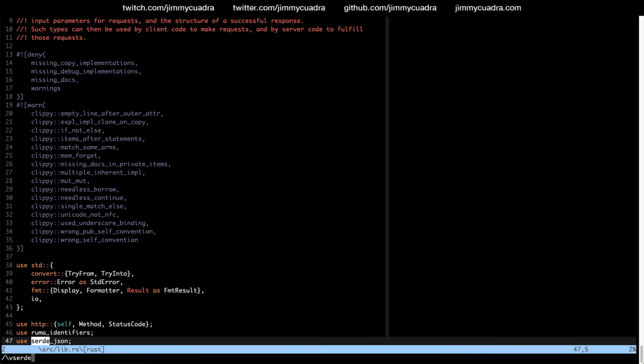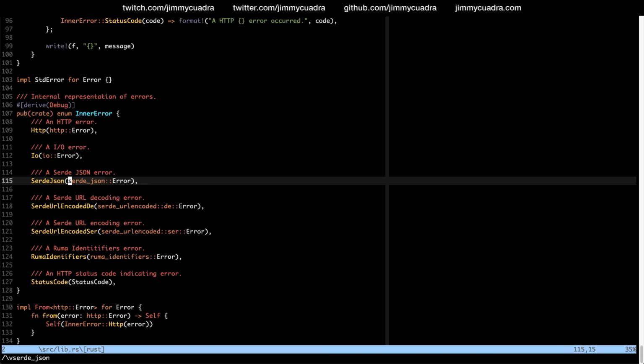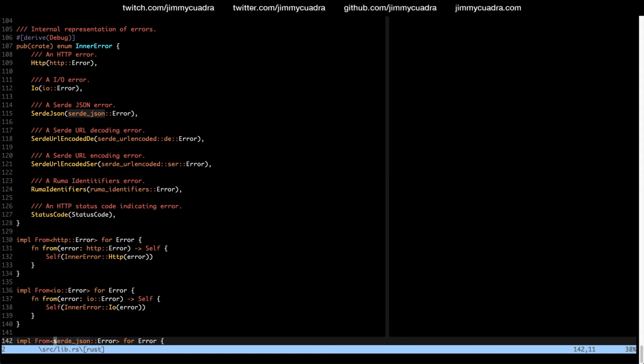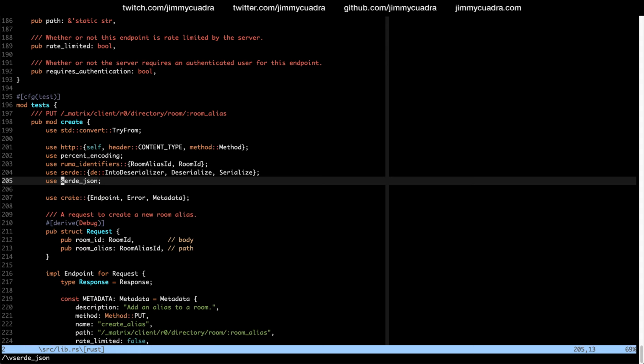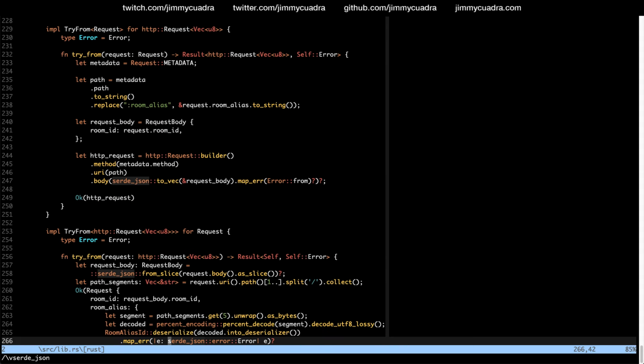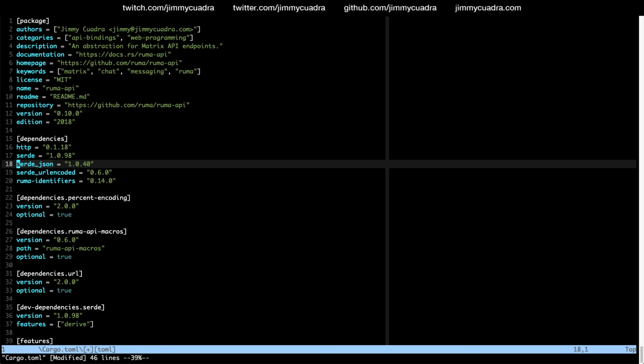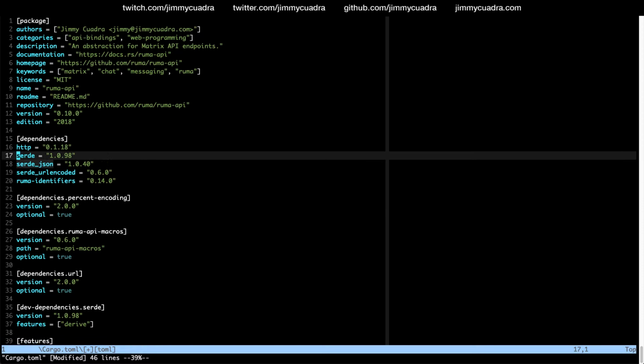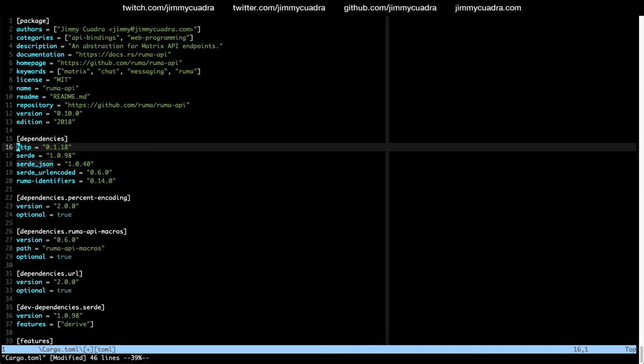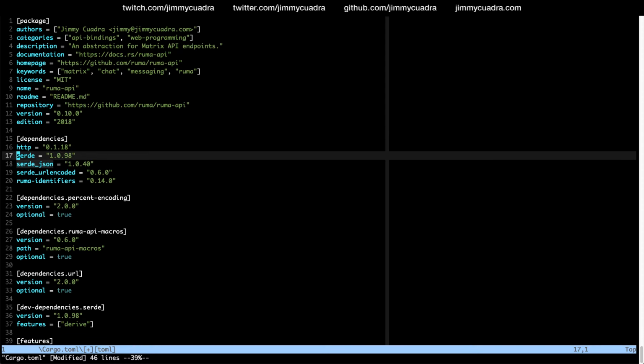What do we use serde_json here for? Oh, just for errors? That's unfortunate. But I guess I might revise that later to have the error type be a little more opaque, because that kind of sucks to depend on this stuff just for error conversions. I think that might be a future change that I want to make.